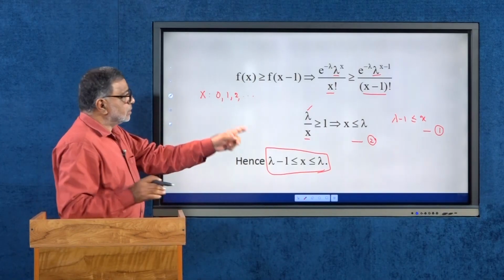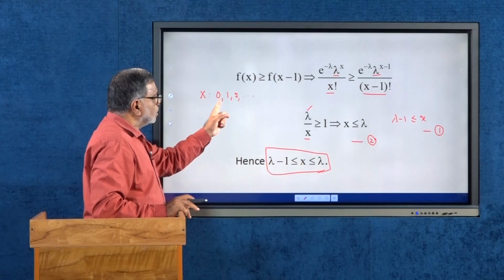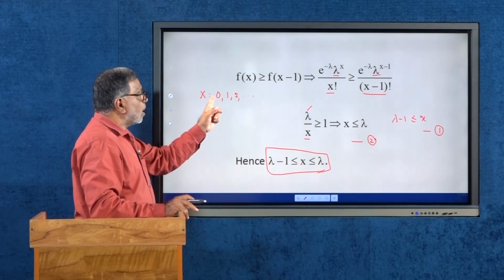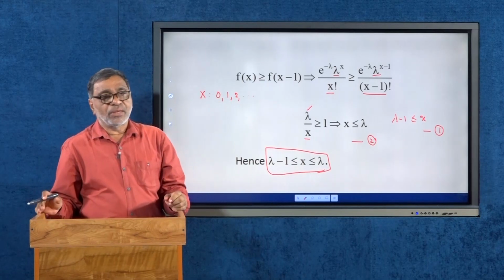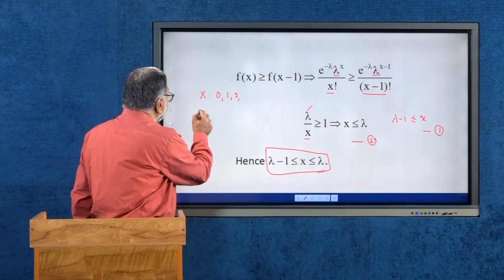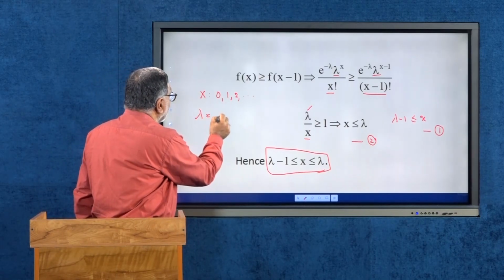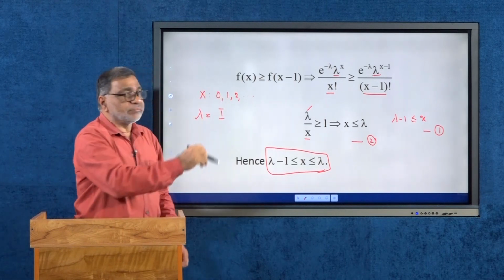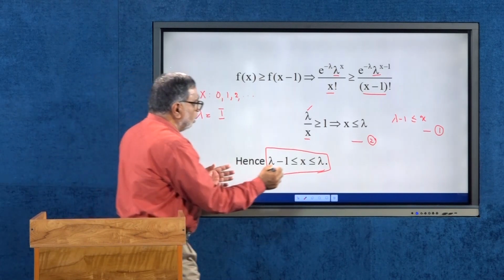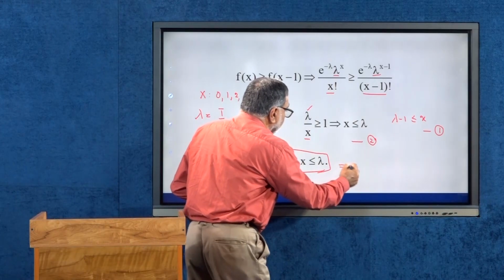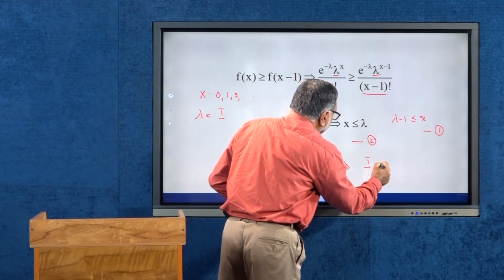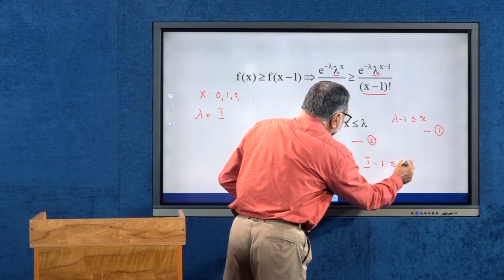Because x is a Poisson random variable, x has only values 0, 1, 2, 3, etc. So, suppose lambda is an integer, say I, then this inequality reduces to I minus 1 less than or equal to x less than or equal to I.